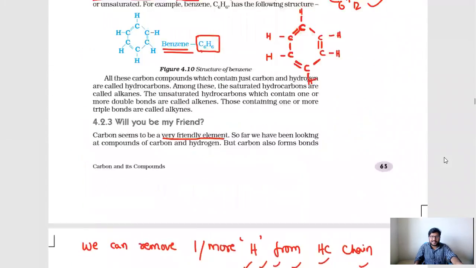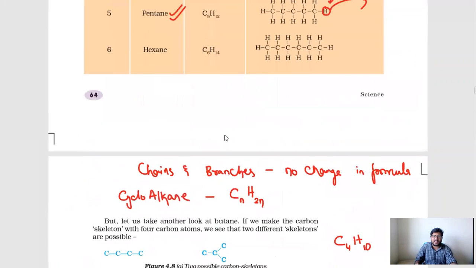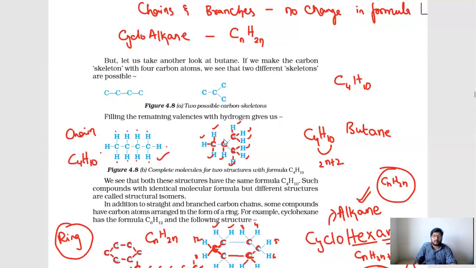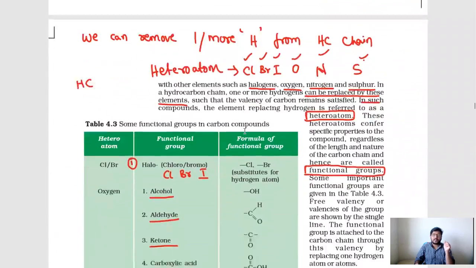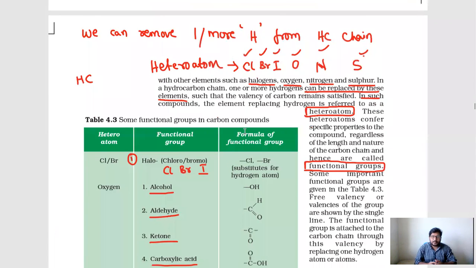So what we have discussed: you can represent hydrocarbon compounds in the form of chains, branches and rings. While you are representing in the form of chains and branches, there is no change in formula. If you are representing as cyclo, there is a slight change in the formula, which follows the alkene series CnH2n. And we have seen one extra concept: if you observe hydrocarbon chains, you can remove hydrogens and add heteroatoms.